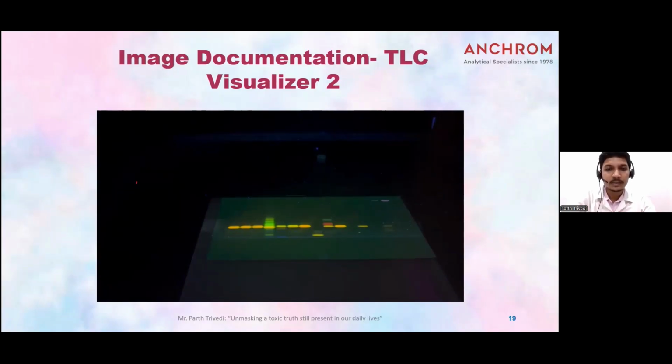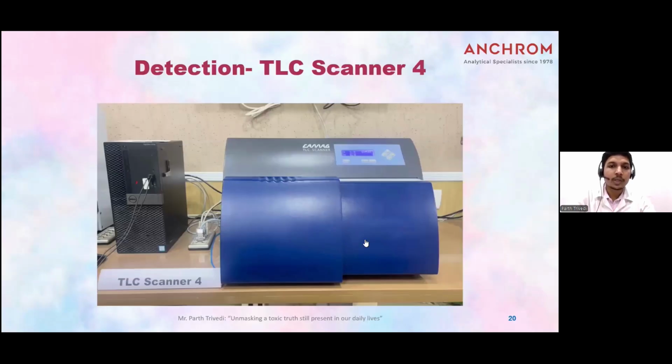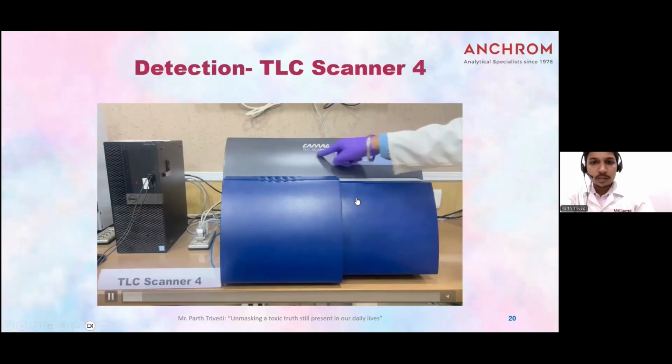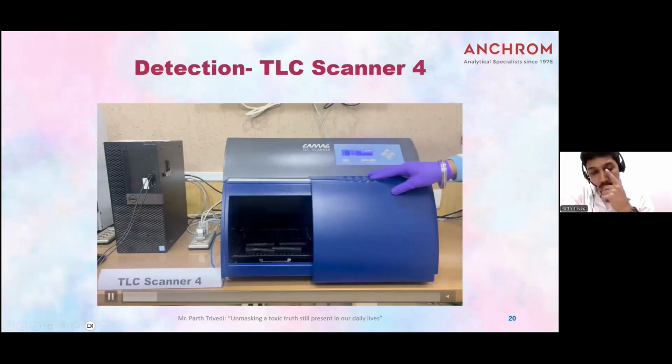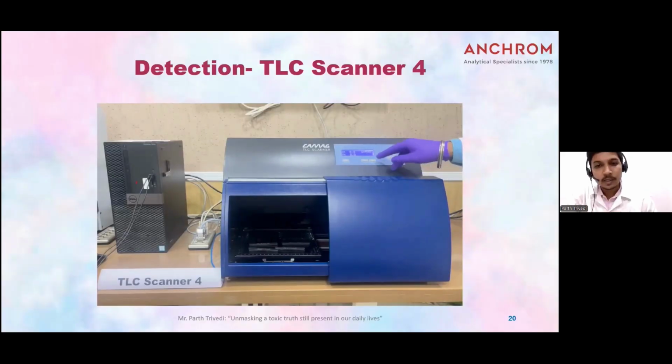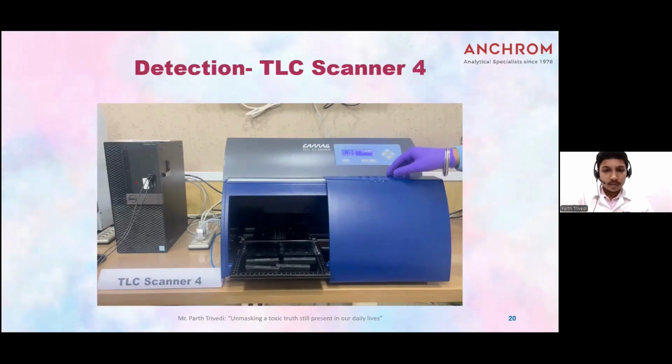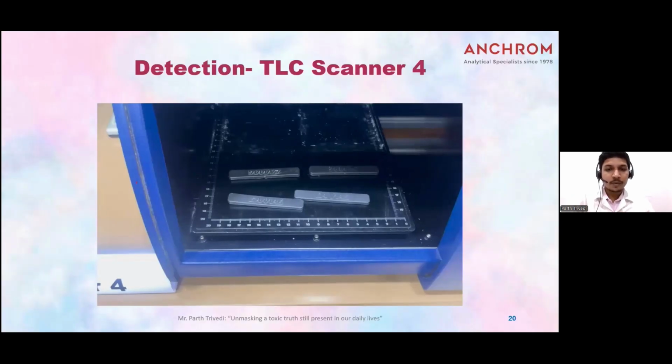And after the image we go with the scanner. This is a CAMAG TLC scanner. For this, you have to open this door and press the load button so that the plate placing area comes outside like this.